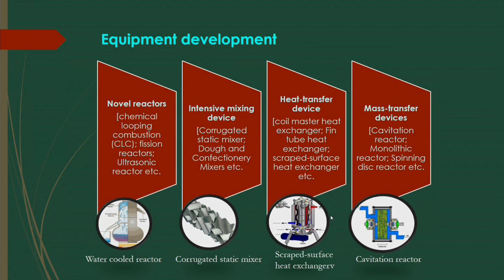And also intensive mixing devices are to be developed. Sometimes you have to have homogenization of the fluid mixture in the reactor. So, you have to mix the fluid in an intensified way. So, you have to develop some mixing device where gas-liquid, or gas-liquid-solid, or solid-gas can be mixed in the reactor.